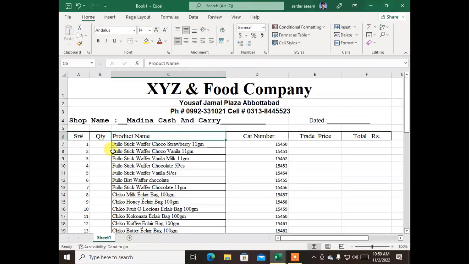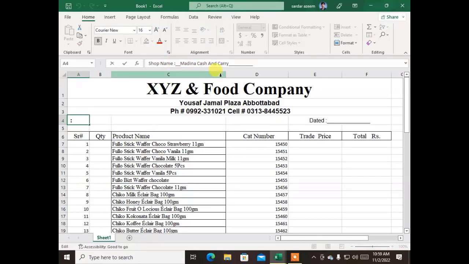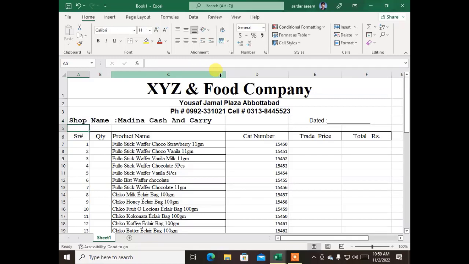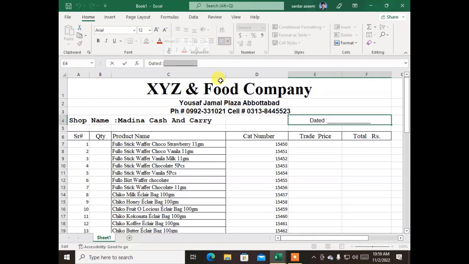Now, for this Medina Cash and Carry, we are going to sell some products to this business. The date here is, for example, today's date. Today it's 2nd of November 2022.